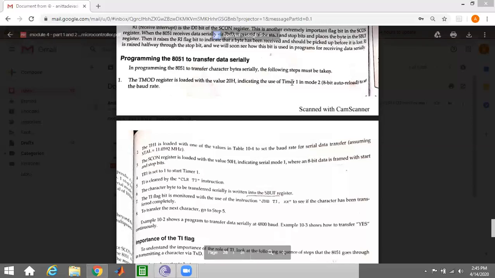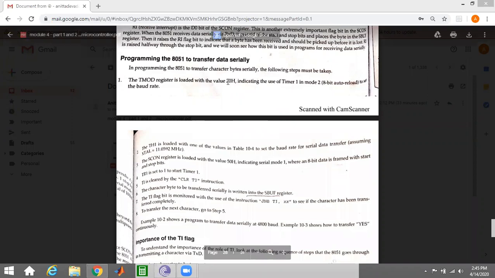Correct? And you know that 0 0 is mode 0, 0 1 is mode 1, 1 0 is mode 2.